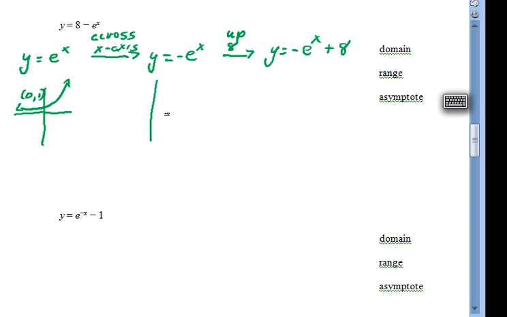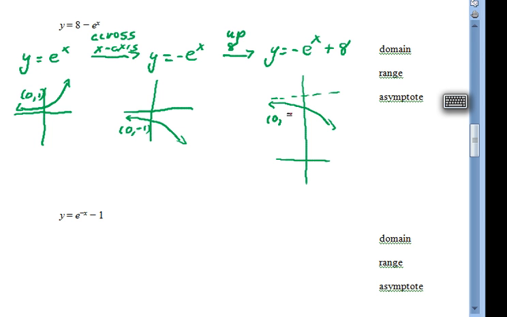Across the x-axis this time, we'll have a decreasing function in the third and fourth quadrants through the point (0, -1), and when we move this up 8, what was (0, -1) will be (0, 7).